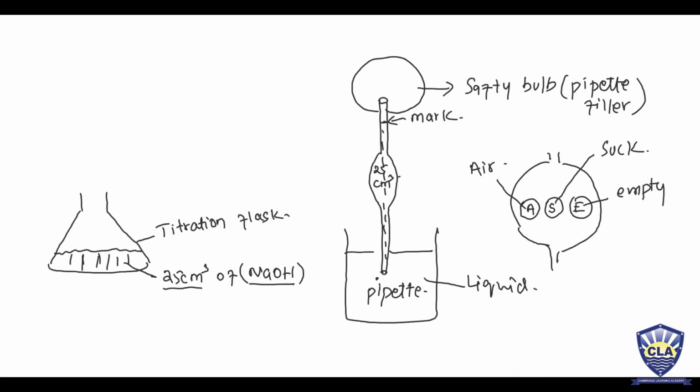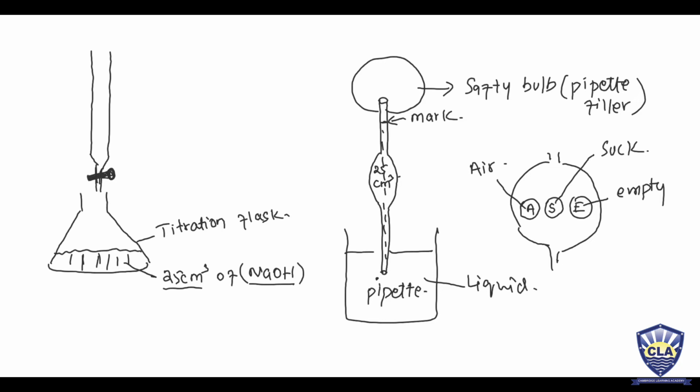Now the second thing, my dear, you should take another instrument which is called the burette. So the burette is a long tube. It becomes thinner at one end, and it has got a tap at its end.